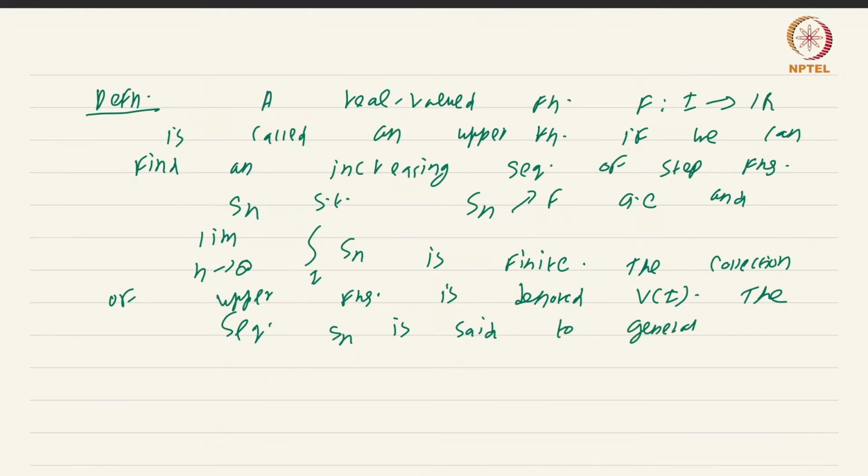That is, for a sequence of step functions to generate f, first of all it must be increasing, second of all it must increase almost everywhere to f, third the limit of the integral should be finite. We define the integral of f over I by definition to be the limit, as hinted before several times.